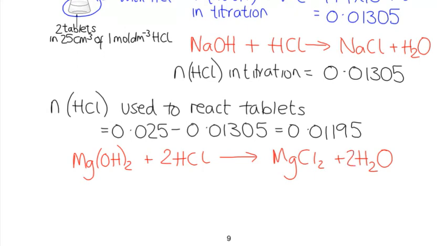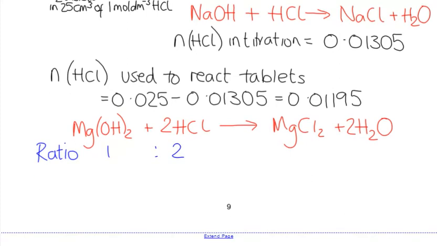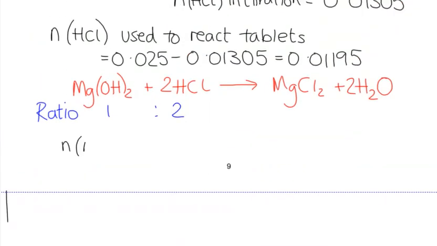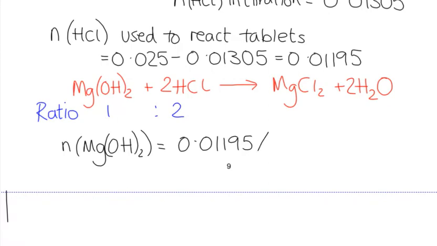So now our ratio is 1 to 2. So we can work out the number of moles of magnesium hydroxide would be 0.01195 divided by 2. If you work that out, you get 5.975 times 10 to the minus 3. That's the number of moles of magnesium hydroxide in 2 tablets.